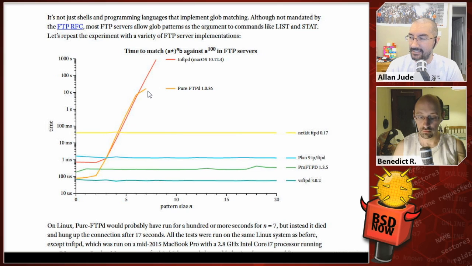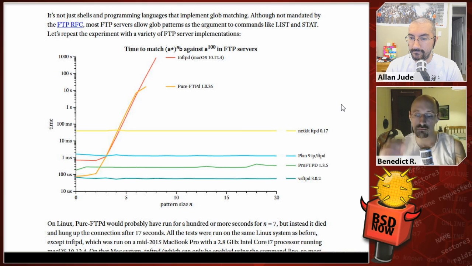They have a protection against a denial of service attack there by limiting the number of stars you can put in the glob and just returning an error if you put more than, I think, 6 or 7, so that it never ends up taking that long. They say the Netkit FTPD runs quickly on Linux because it relies on the host C library. If you run it on BSD, the Netkit FTPD also shows the problem.